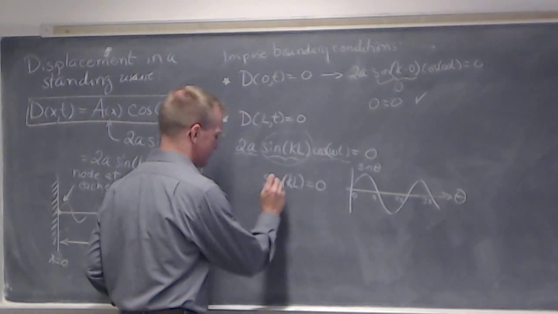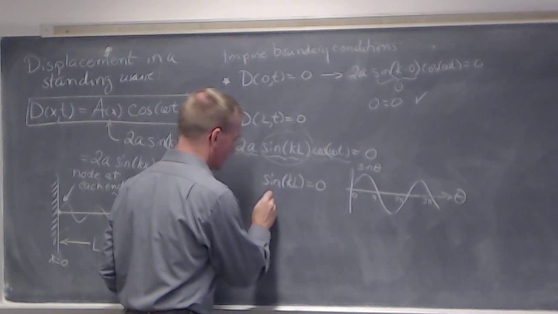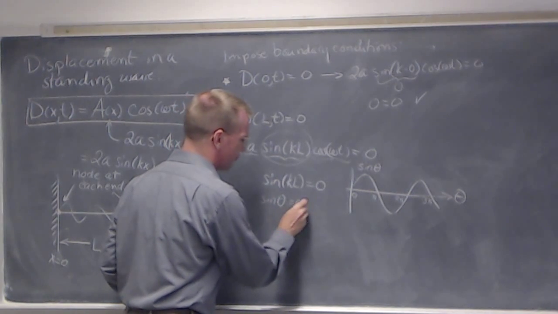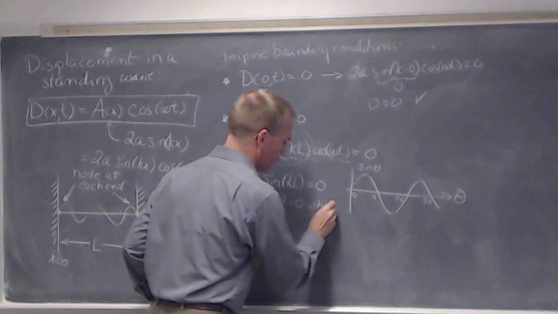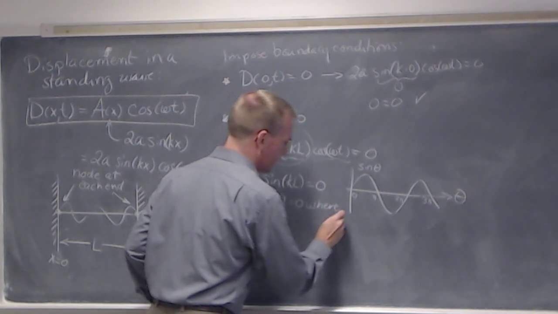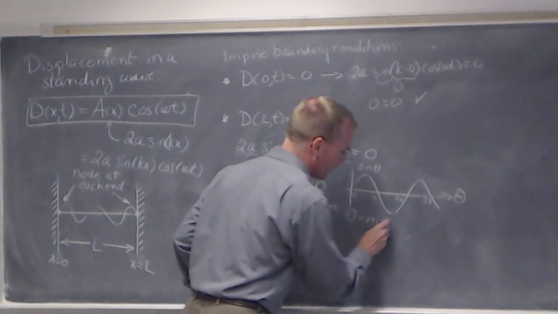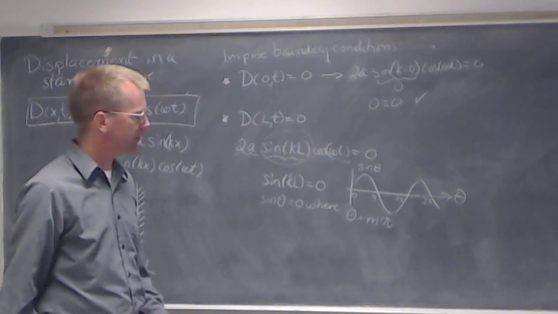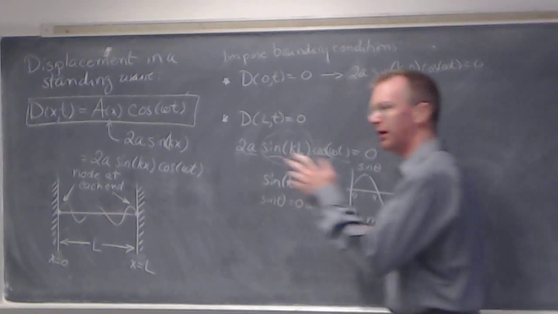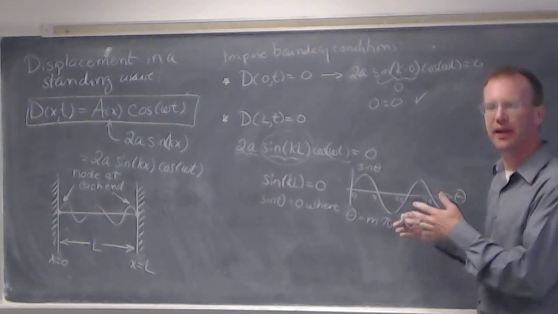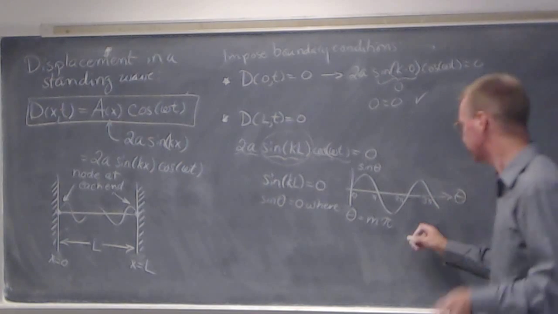Okay, so sine theta equals 0 where theta equals m pi. And again, m is equal to positive, negative, 0 integers. In general, let's just deal with the non-negative ones here because they don't tell us anything extra.